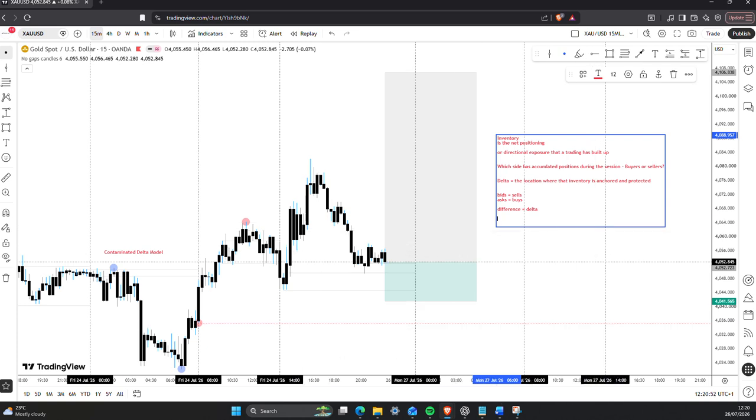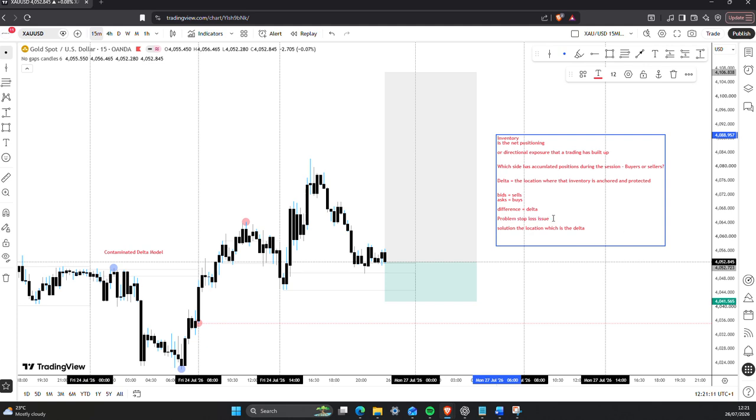Very, very useful. And the problem that it solves is the stop loss issue, because the solution is the location, which is the delta. That is the solution to the problem.